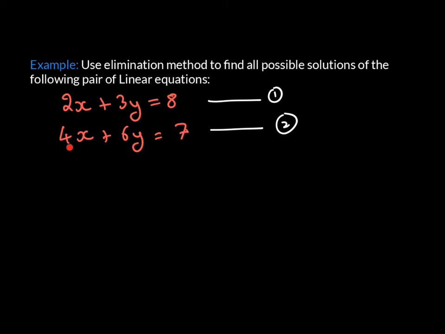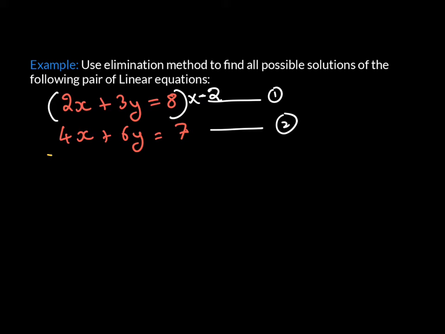We know that the coefficients are not the same. So what will we do? In order to make them the same, we will multiply the whole equation 1 by 2. But even if we multiply, the signs are still the same. We need the signs to be opposite. So in order to make the signs opposite, we will multiply the first equation by -2.